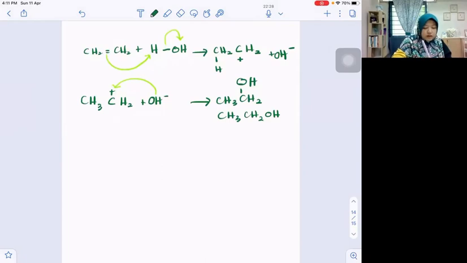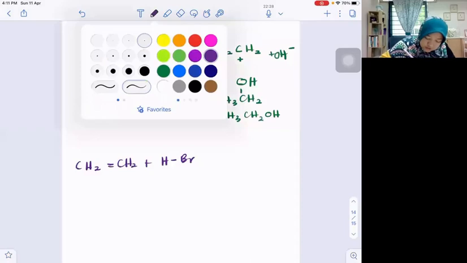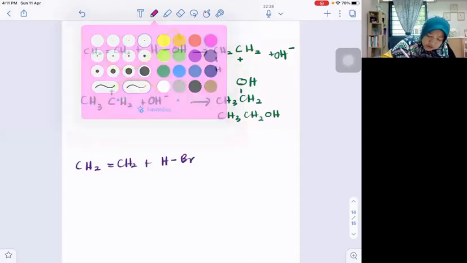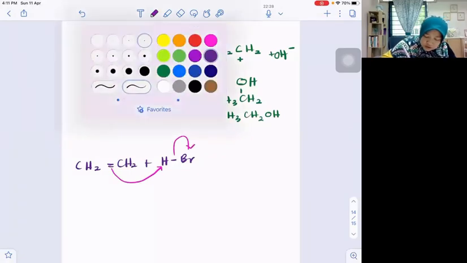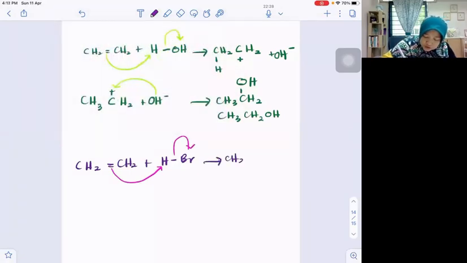It also happens when we have the hydrohalogenation reaction. Let me rewrite the new equation. So let's say we have ethene, CH2 double bond CH2, react with HBr. The first step is this electron attacks H, cleavage occurs, and the electrons go to bromine. It then produces CH2, CH2, H here. The other carbon turns to the carbocation, with the bromide.